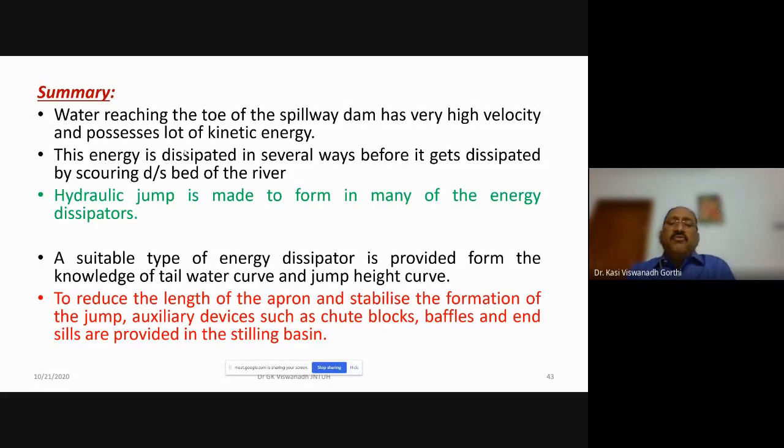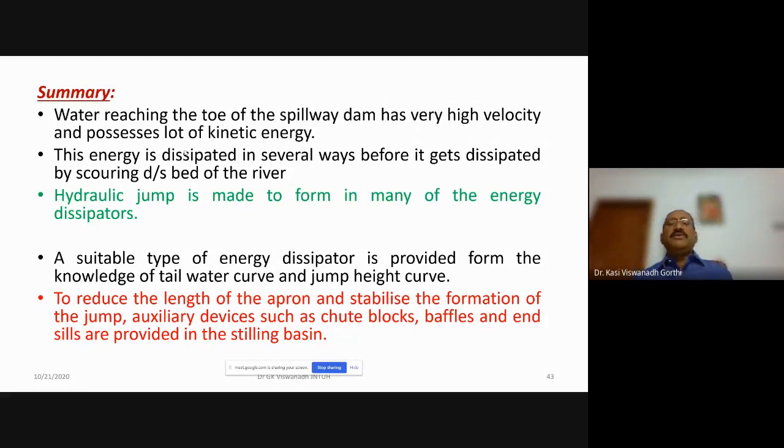Hydraulic jump is made to form in many of the energy dissipators. A suitable type of energy dissipator is provided from the knowledge of the tailwater curve and jump height curve, TWC and JHC. To reduce the length of the apron and stabilize the formation of the jump, auxiliary devices such as chute blocks, baffles, and end seals also are provided in the stilling basin.